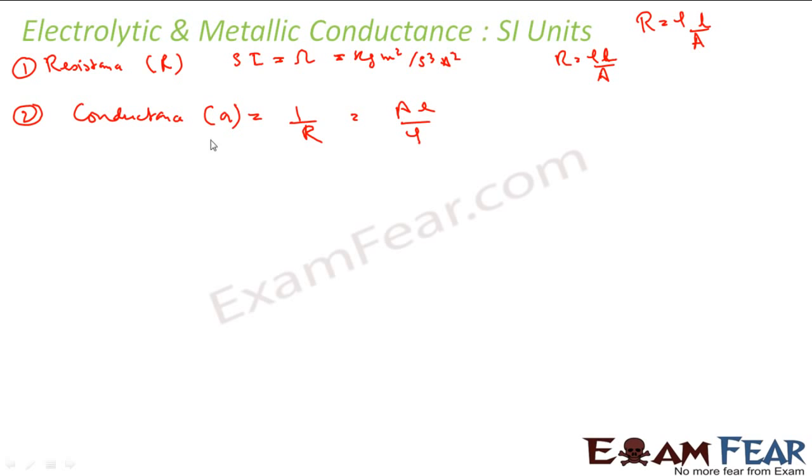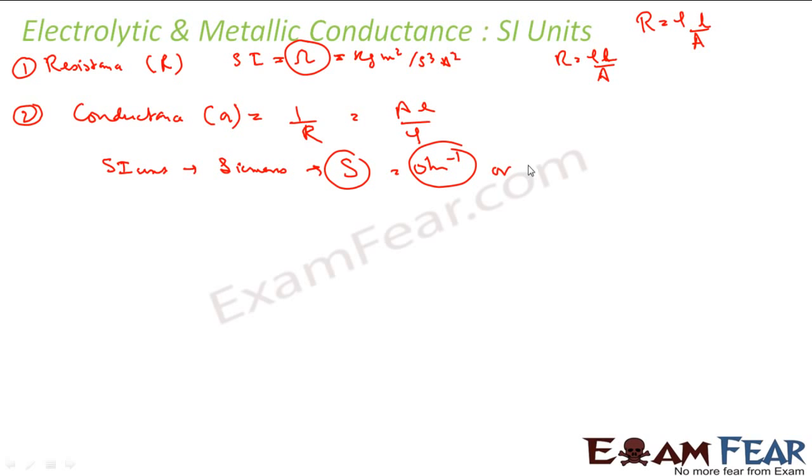So the SI unit for this is Siemens, denoted by S. Here we have ohms, here we have Siemens, right? This Siemens is nothing but per ohm, also called mho, because conductance is nothing but 1 by resistance.